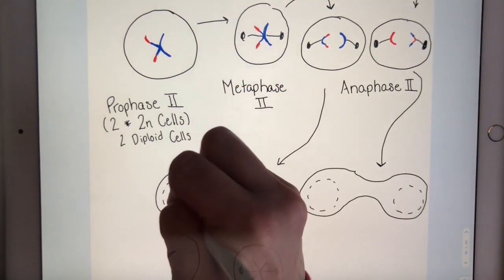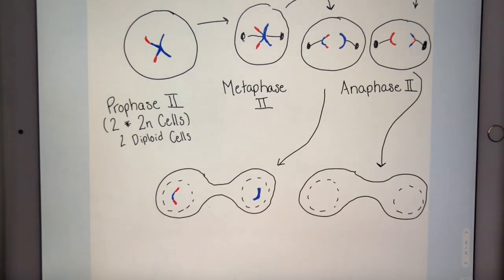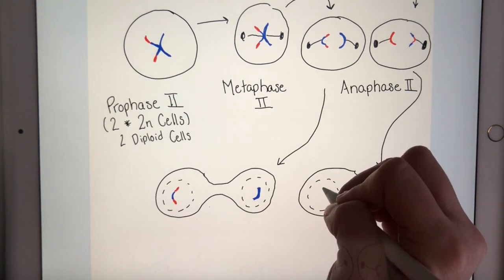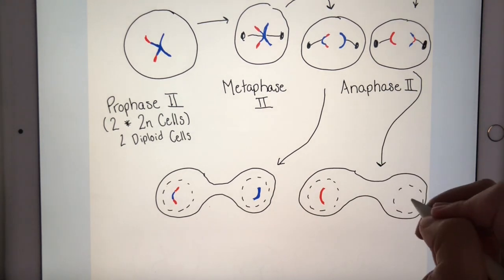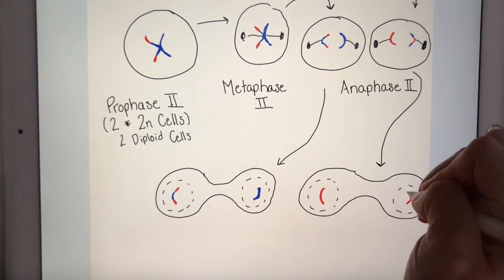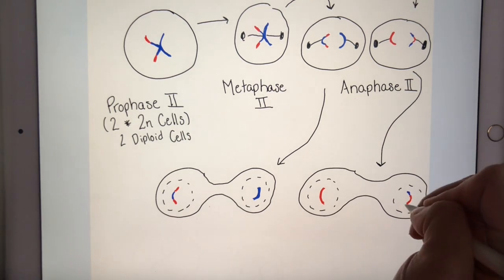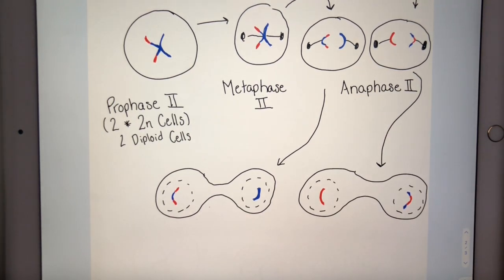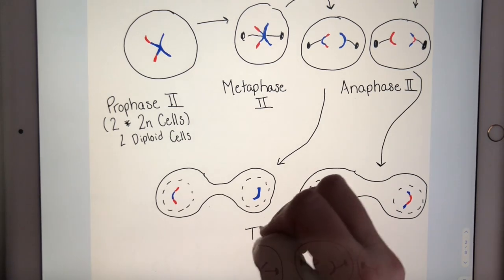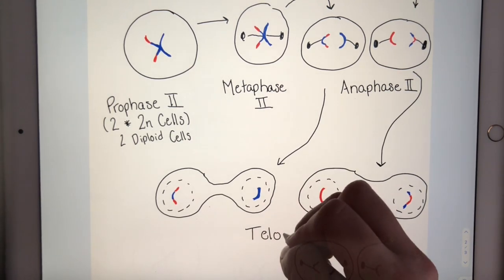And then over here, we have Dad that stole a little bit of Mom. Over here, we have one that looks just like Mom. And then one that's mostly Mom, but she stole a little bit of Dad's from crossing over. This is Telophase II.